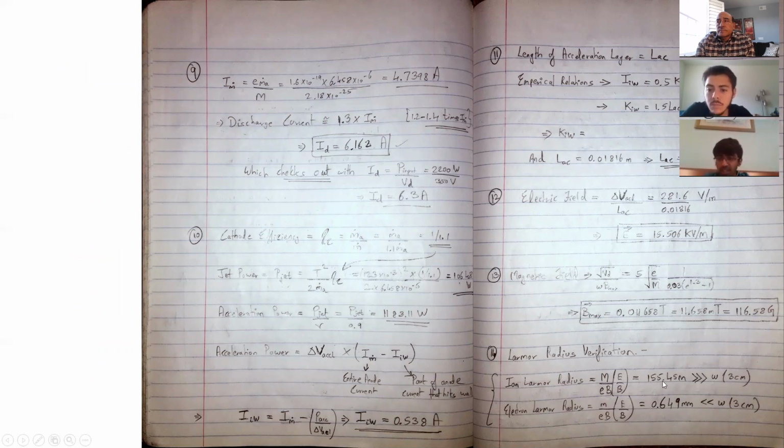We find that it's so much, and the electron Larmor radius comes out to be so much, which actually satisfies the width, or the diameter, you can say, of the thruster that we found out in the previous steps. So this needs to check out in order for the thruster to actually have electron confinement.